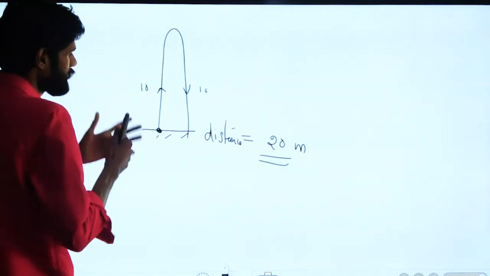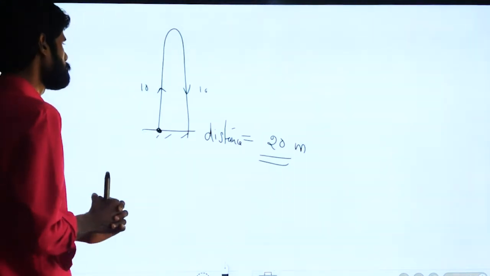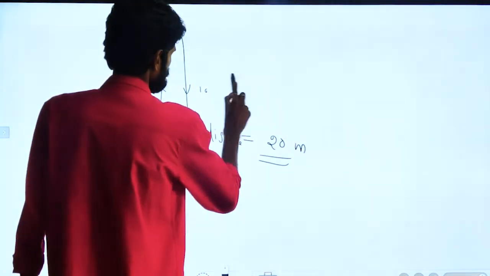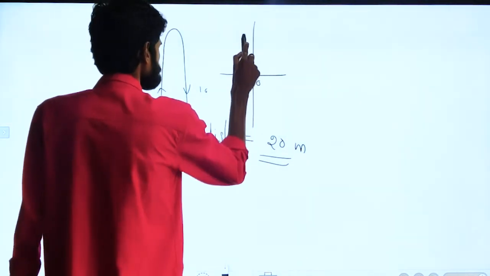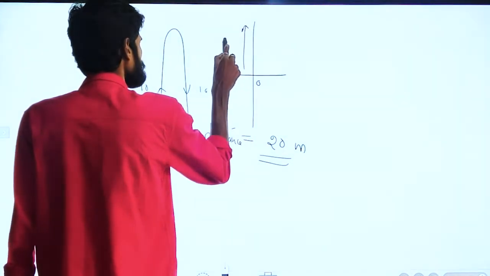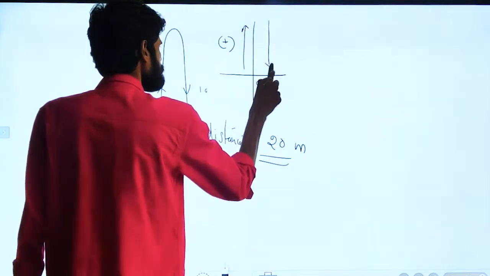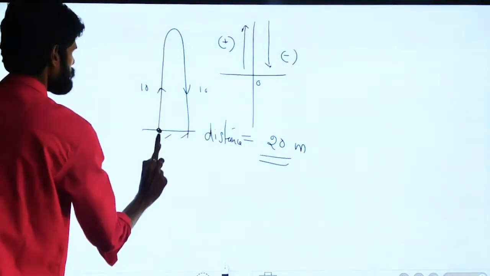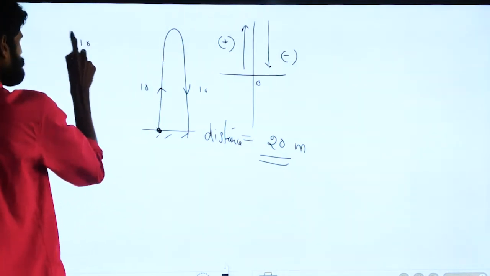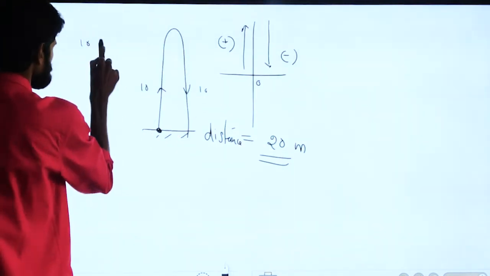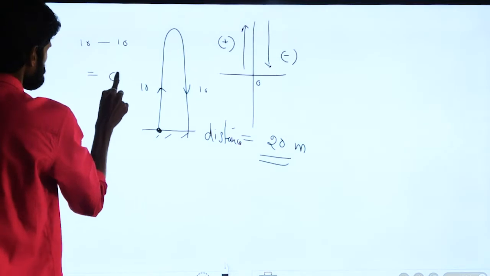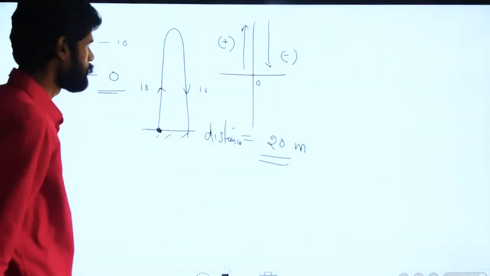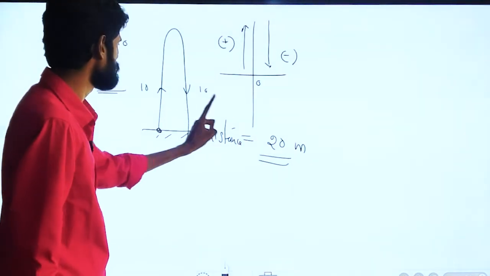Displacement is a vector quantity, so we have to consider the direction. This is the origin. This is the positive direction of the y-axis, that is 10. This is the negative direction of the y-axis, that is minus 10. So the displacement is equal to 0, not 10 plus 10 equal to 20.